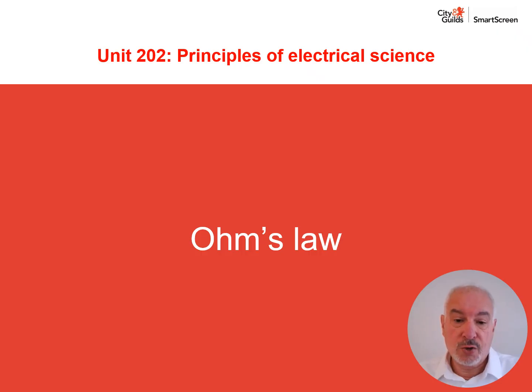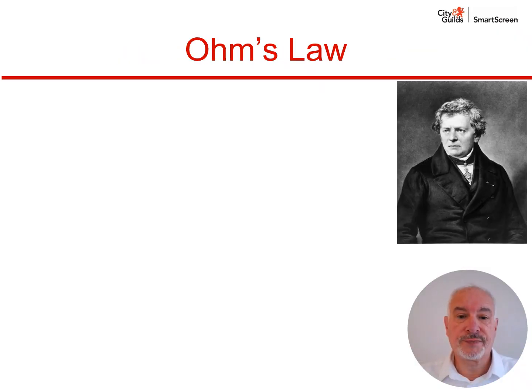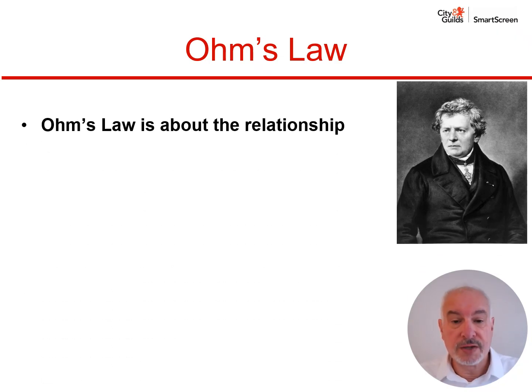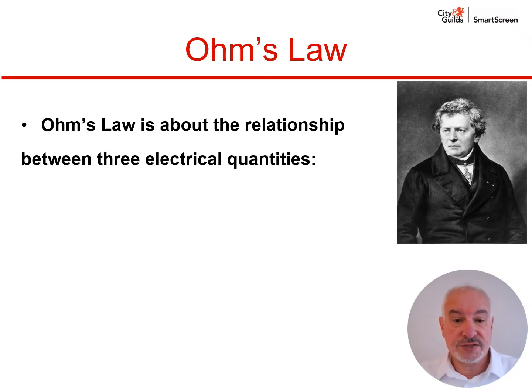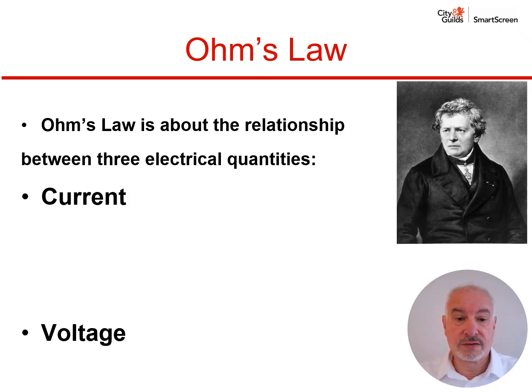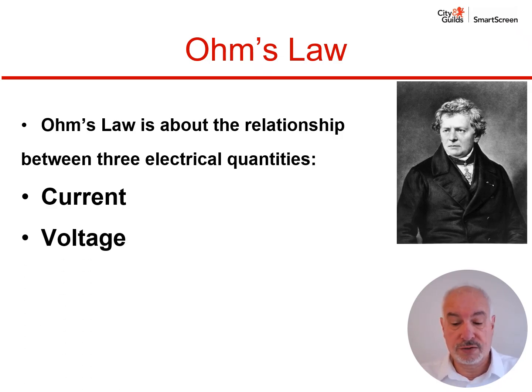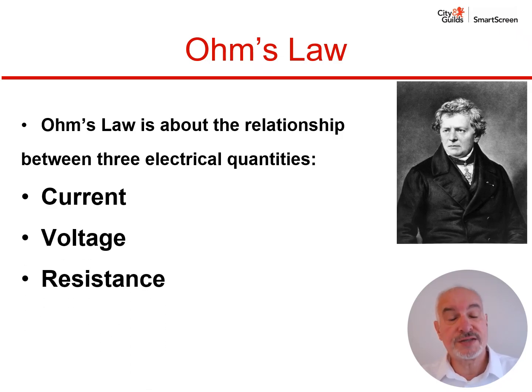In this video we're going to consider the subject of Ohm's law. Ohm's law is all about the relationship between certain quantities within an electrical circuit. Now these quantities are current, voltage and resistance.